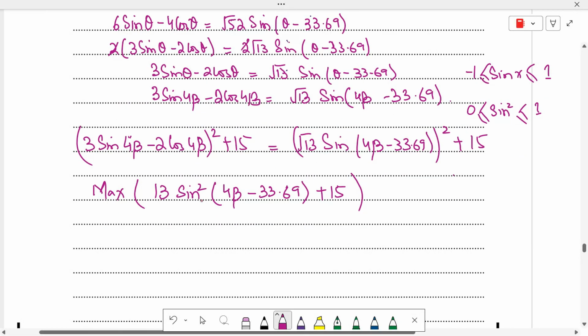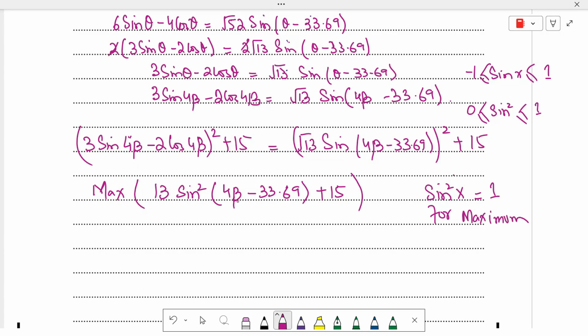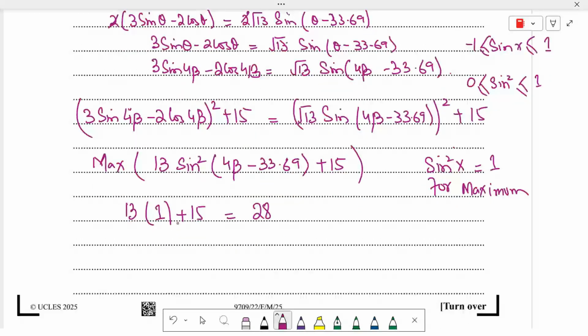So we can say that the maximum value of this expression will be when sine square of x is 1 for the maximum expression. So we can say that 13 times 1 plus 15 is equal to 28. So the maximum value is 28.